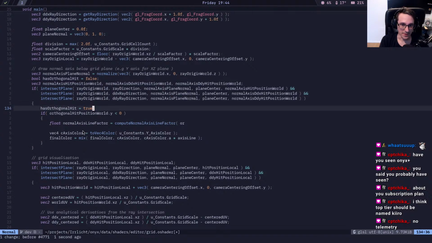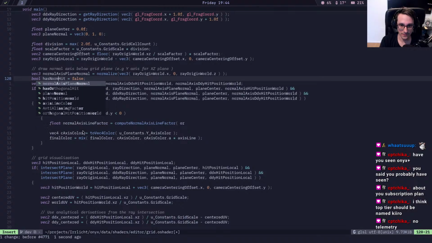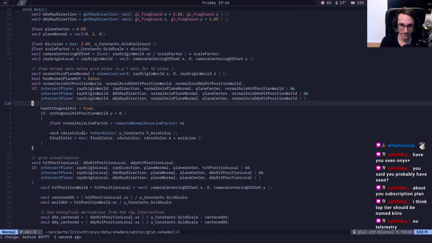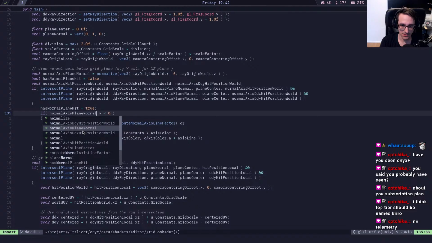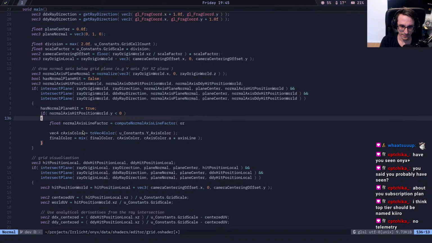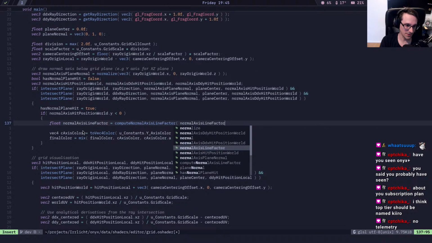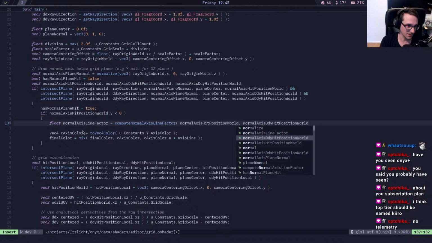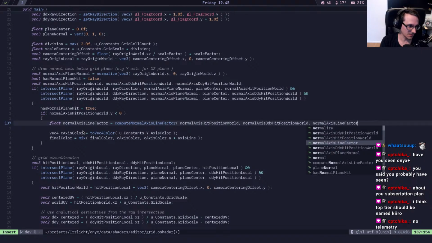Let's put it down. Then it's kind of clear. Has normal plane hit. And then this is change normal axis. No, this. And this is our normal axis hit position world, normal axis DDX, normal axis DDY.